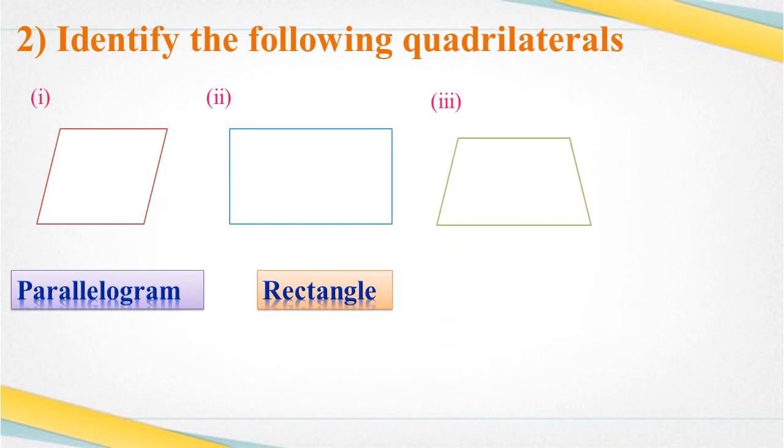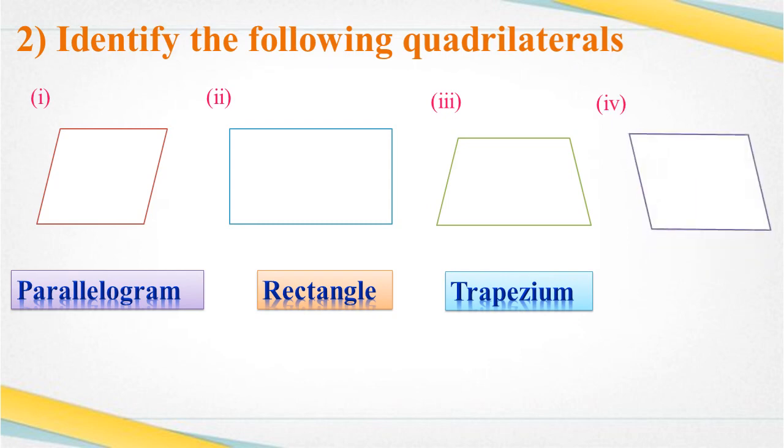And third one, look at this picture. We have only one pair of parallel lines, that is a trapezium. Then fourth one, we have two pairs of parallel lines, but we don't have right angles, isn't it? So that is a rhombus.